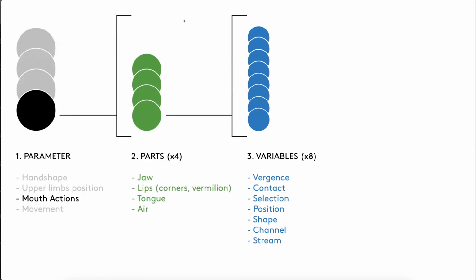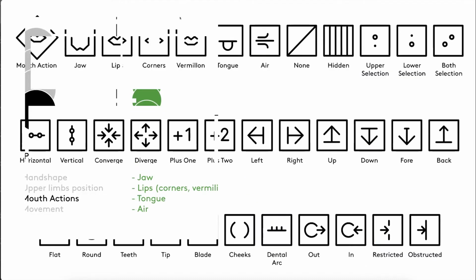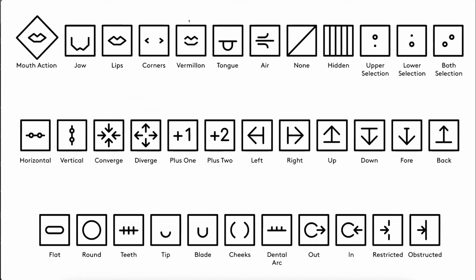On each of these parts can be applied certain types of variation: vergence, position, contact, etc. And these variations each have a set of values: neutral, divergent, convergent, up, down, etc. Using this formula, you can describe any mouth action in any sign language. And in order to make this formula a little more visual and compact, we created a series of symbolic characters.